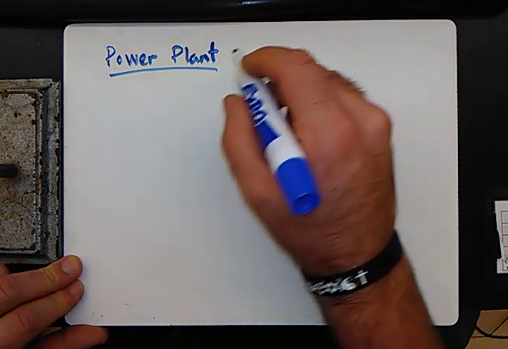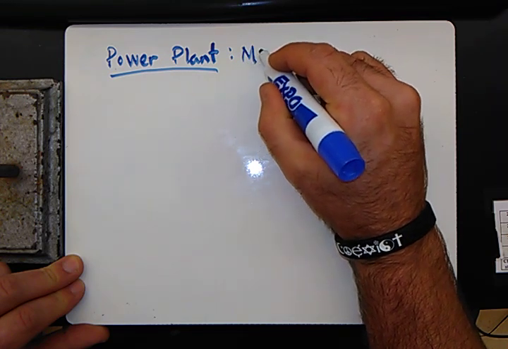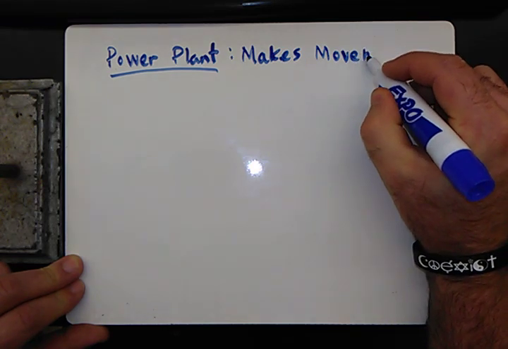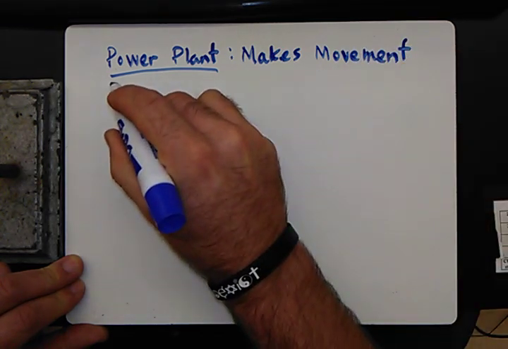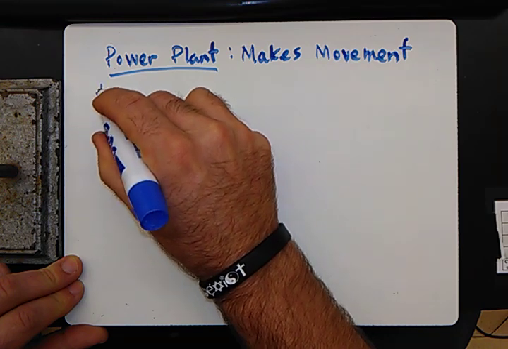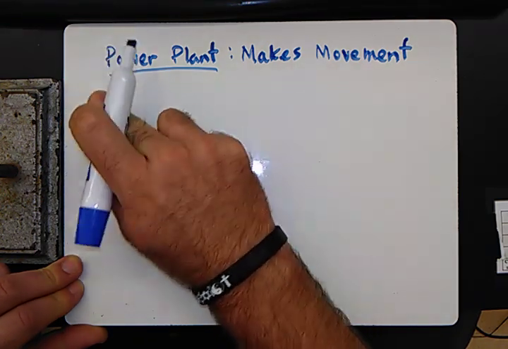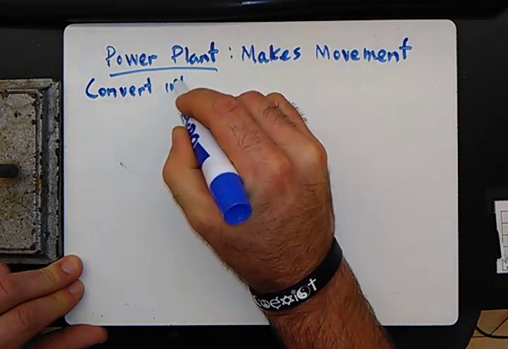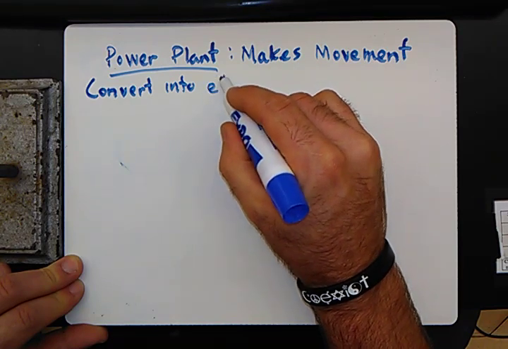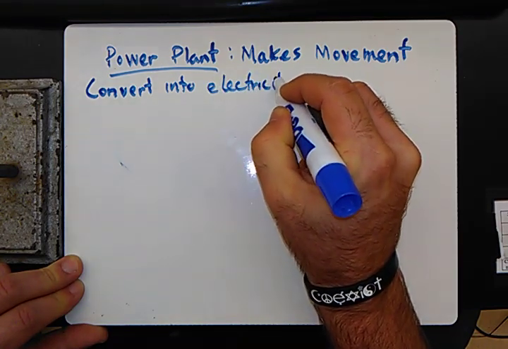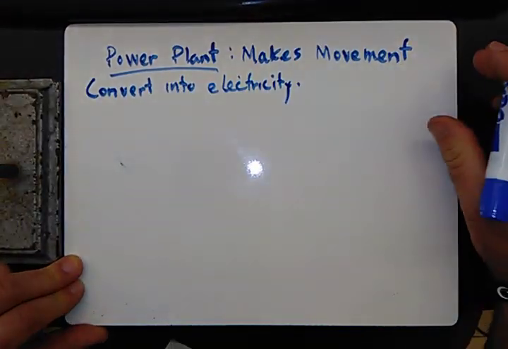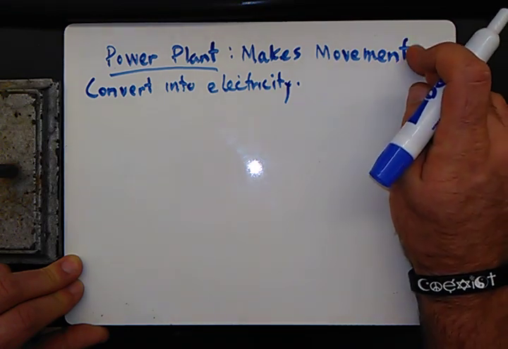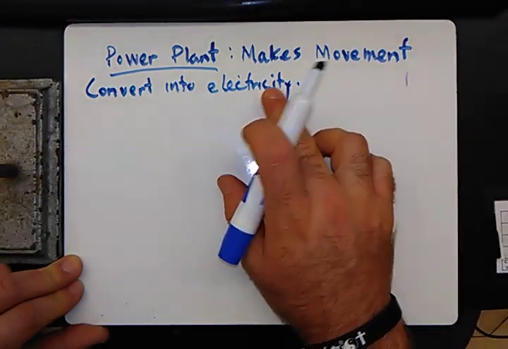A power plant makes movement, and converts it into electricity. So we've got to move something to convert it into electricity. Movement is otherwise known as mechanical energy, and this is electrical energy.